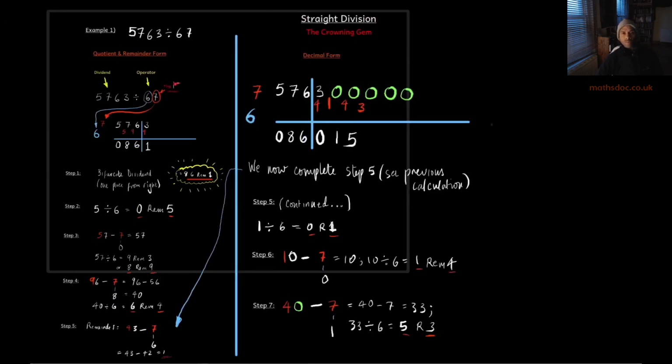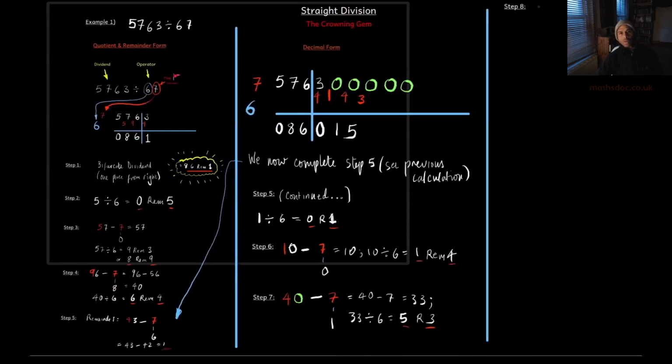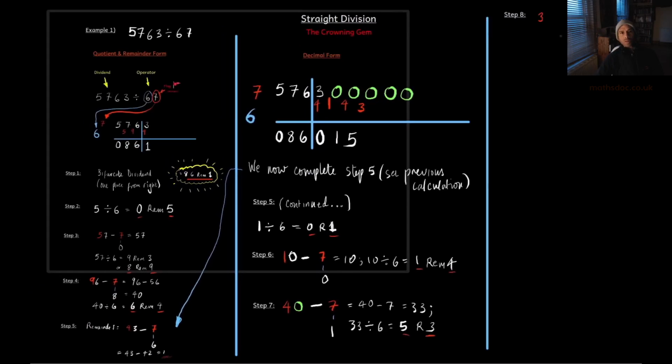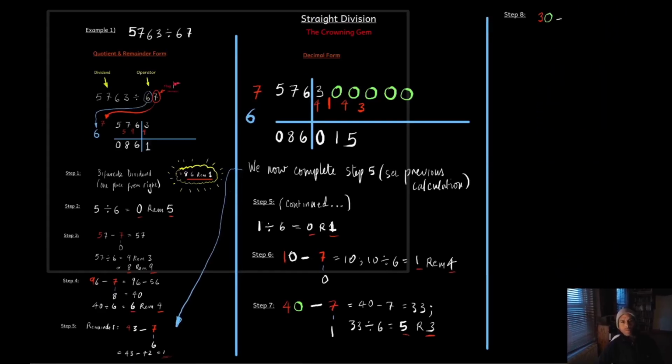So we've got now a gross dividend of 30. Let's move them out of the way for a minute. Right, so step 8, what are we doing?